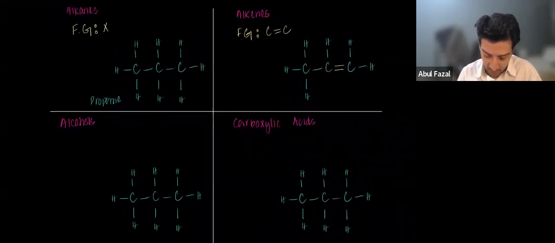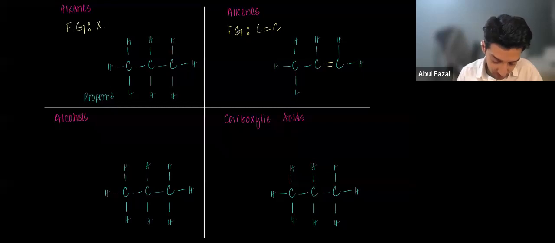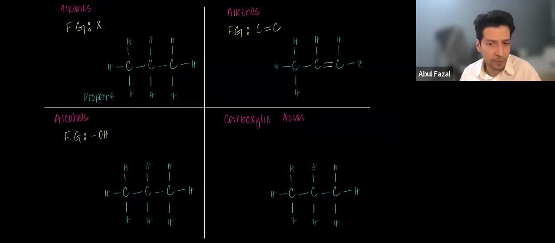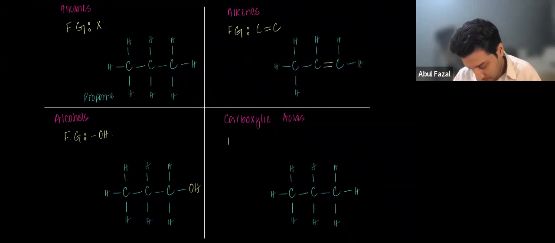Okay. What is the functional group in alcohols? It is a hydroxy group, or OH. Where will I put that? I put it here at the end. What is the functional group of carboxylic acids?